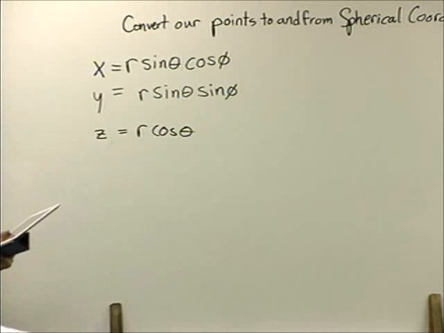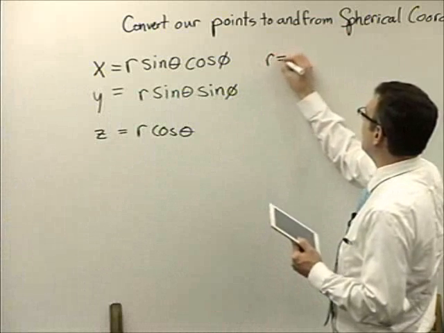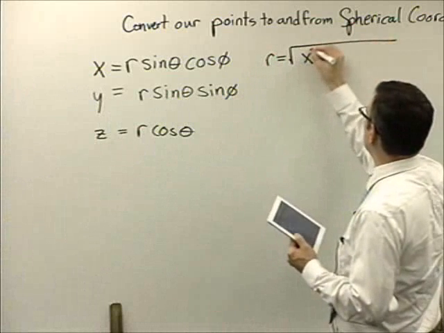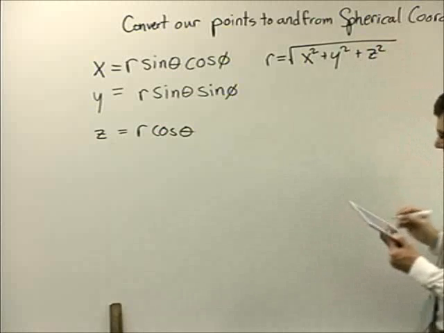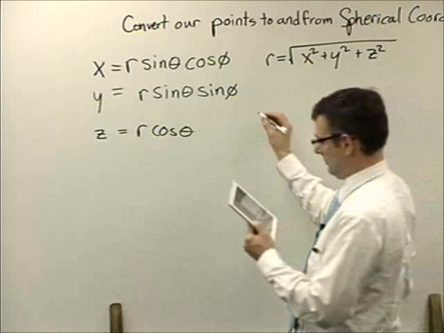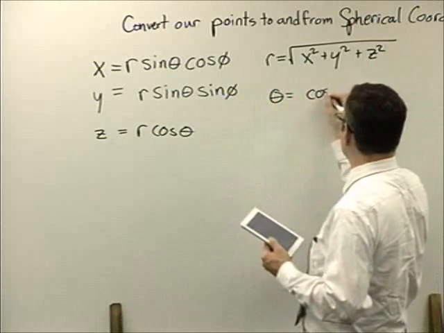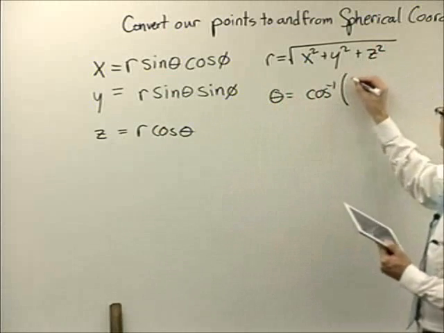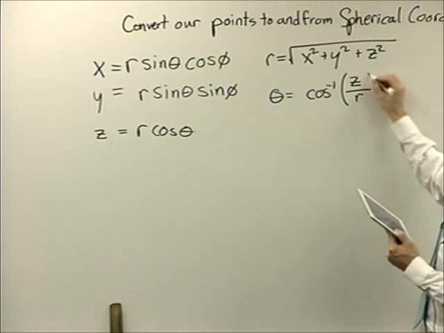If I wanted to go the other way, here's a useful set of formulas. R is equal to the square root of x squared plus y squared plus z squared. Theta is equal to the inverse cosine of z over r.